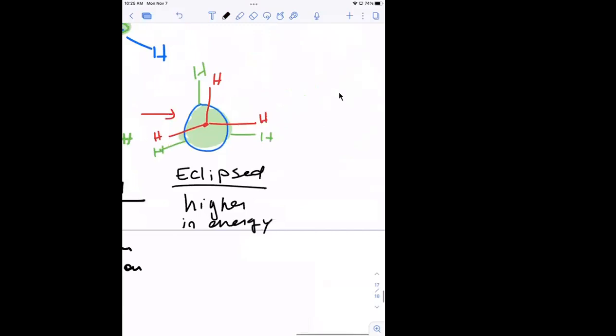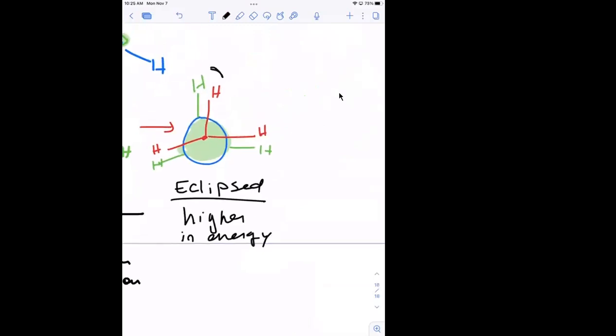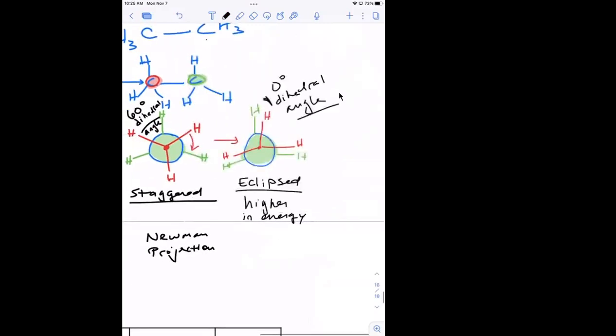The dihedral angle between the hydrogens here is now 0. And it costs energy for those hydrogens to overlap. I think for a hydrogen it's like 4 kilojoules per mole or something like that. But that's not what I want to talk about.